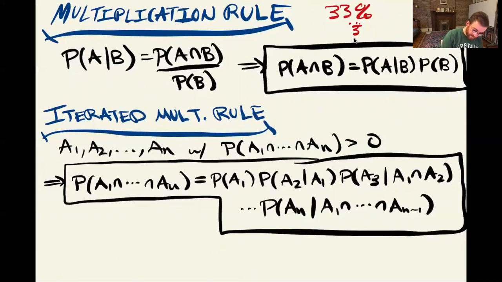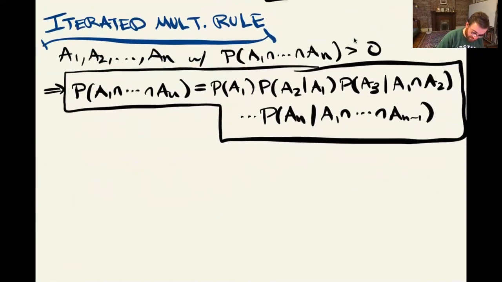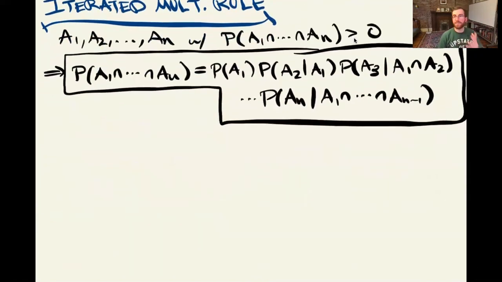So let's go ahead and do an application relevant to the example we've just been playing around with. We've already computed the probability of our fifth ball being red, assuming that our first one was red. Maybe let's dial it back a little bit and just consider what happens as we draw one ball at a time. Suppose I want to know the probability that my first three balls are red.